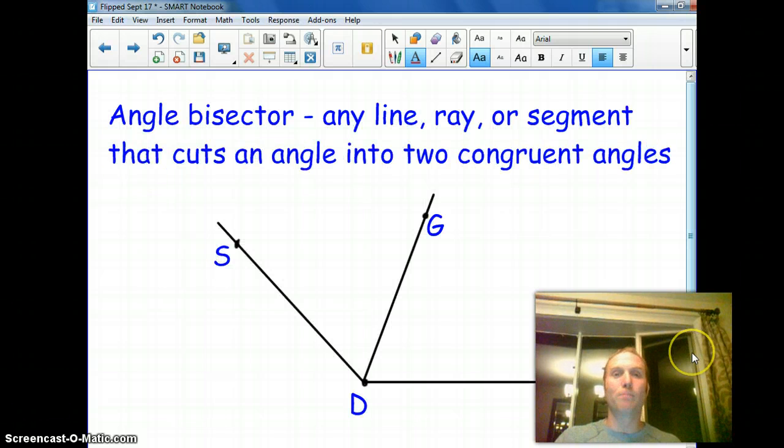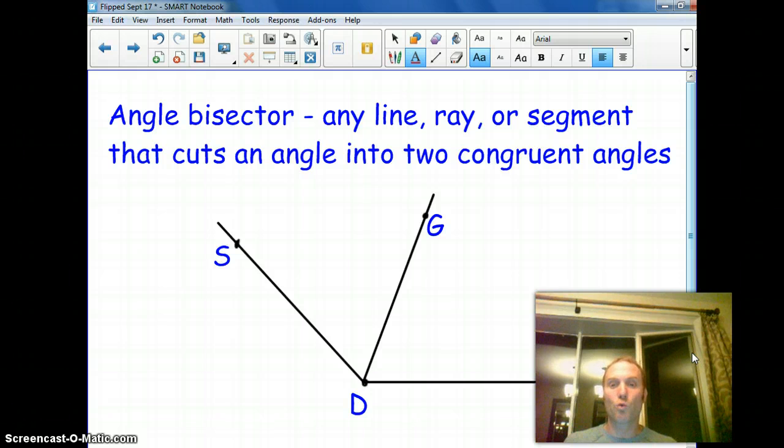Next we come to angle bisector. An angle bisector is any line, ray, or segment that cuts an angle into two congruent angles. So consider the picture that we have here, angle SDM. That is a relatively large obtuse angle. We've talked about having estimates there. I may estimate that whole angle SDM, 135, 145 maybe, something like that.